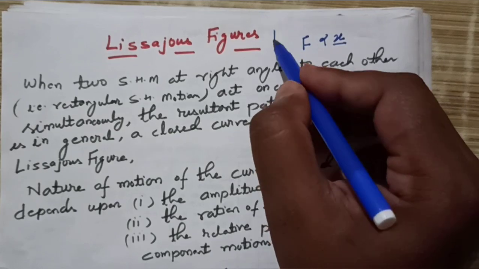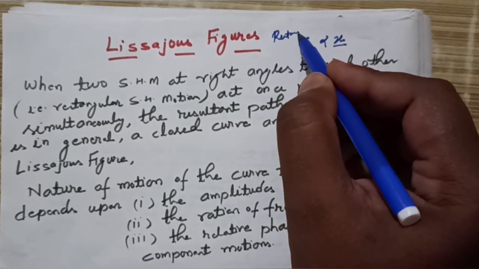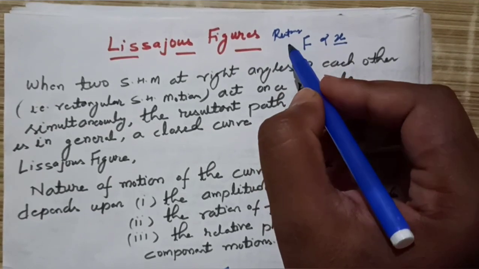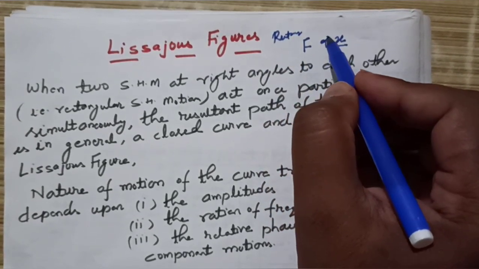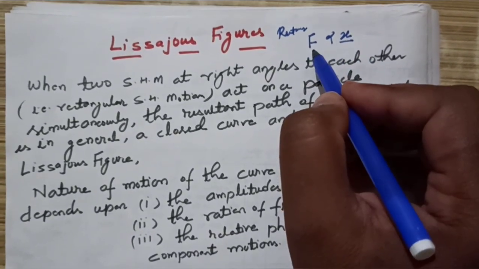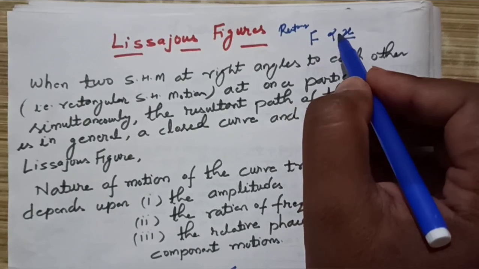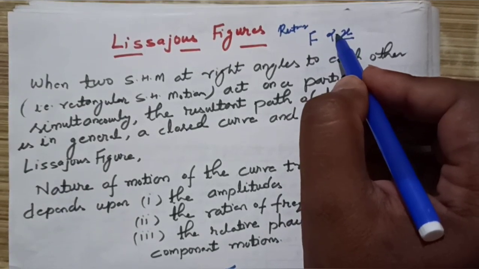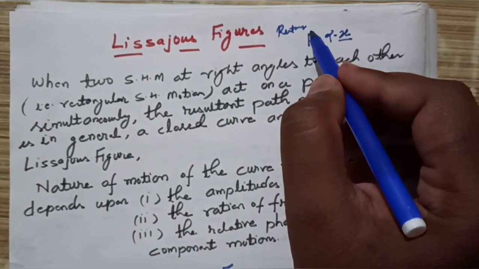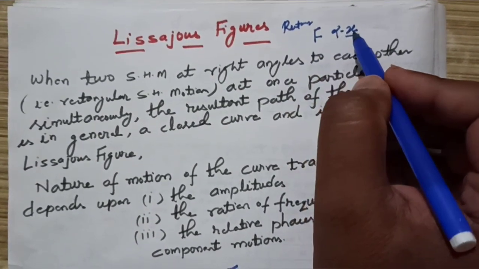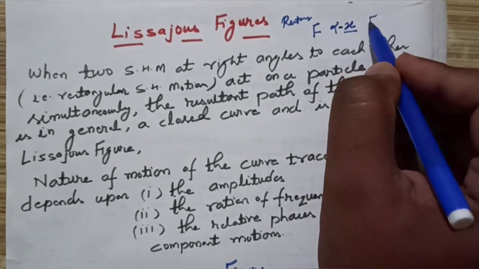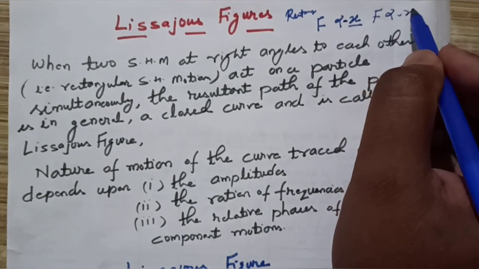So any periodic motion, the restoring force is directly proportional to this displacement, but it is not x, it is minus x, because the restoring force acts opposite to the direction of the displacement. That's why we have minus x here. So we will have F is proportional to minus x.